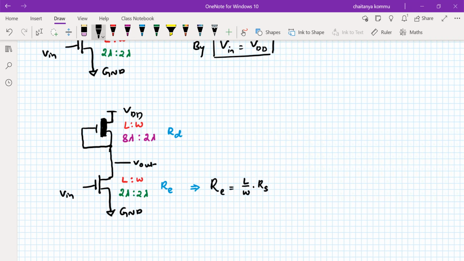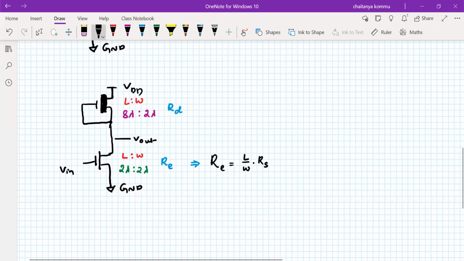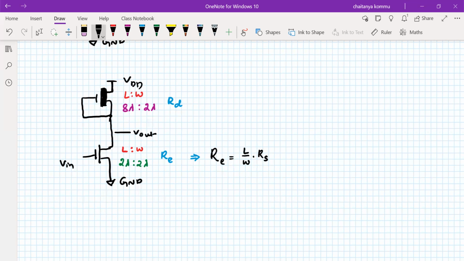That is how we have to calculate. So the sheet resistance value is multiplied with its dimensions. Therefore people also call it Z into RS: the dimensions of the transistor into the sheet resistance of that particular transistor.